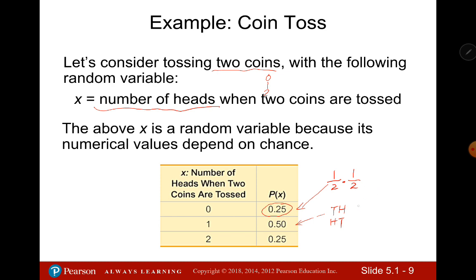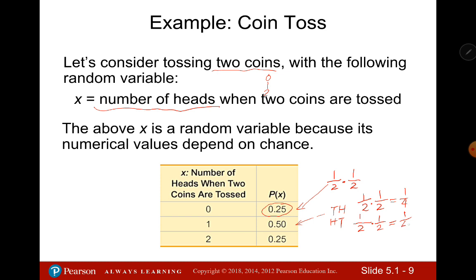Then we try to get the probability for this one. Tail, head: the probability for the first one to get a tail times the second one to get a head. We got 1/4, right? And head, tail is the same. The first one to get a head, the probability is 1/2, and the second one to get a tail is 1/2.